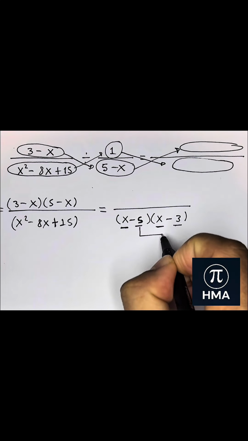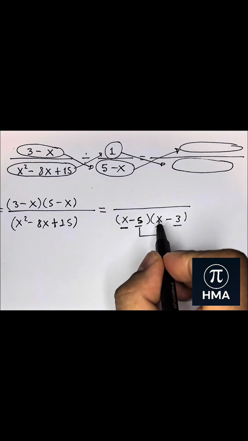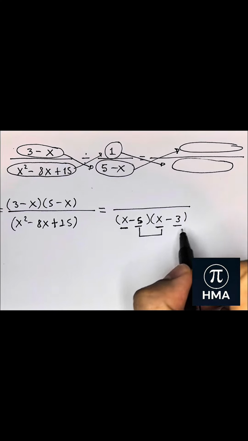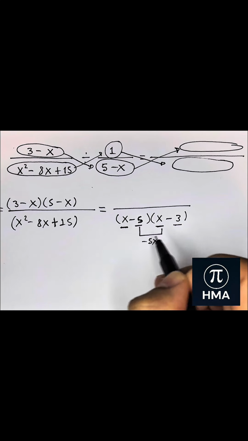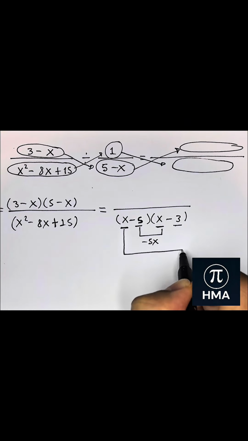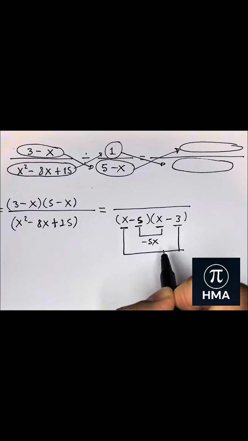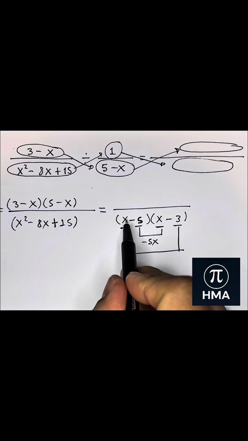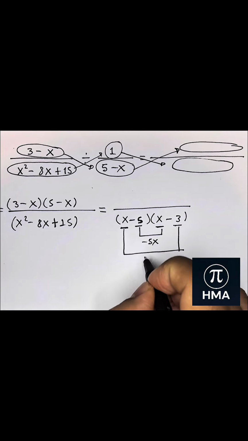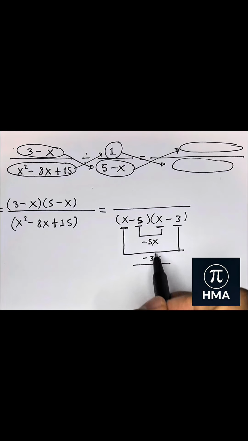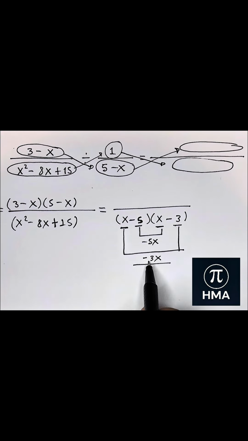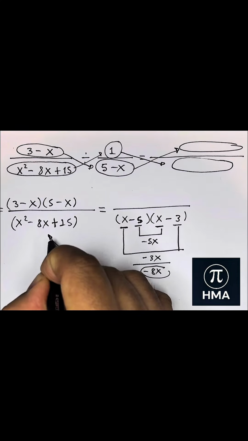Now let's do the multiplication of the inner terms and the outer terms. Minus 5 by x is minus 5x, and the outer terms, x by minus 3, give you minus 3x. If we sum these two terms, minus 5x minus 3x is minus 8x. This is exactly what we were looking for, you see?